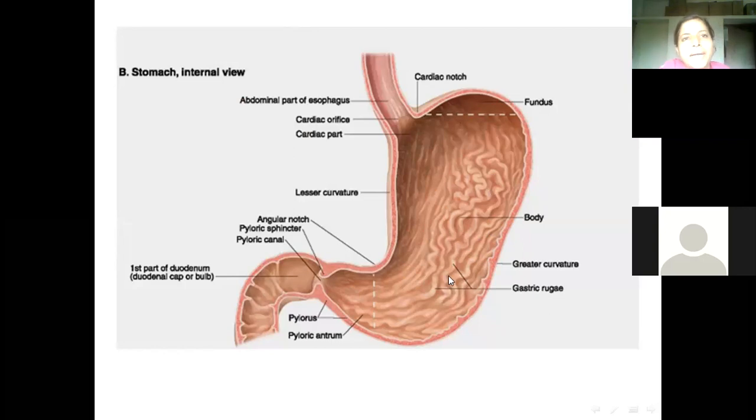When we studied peptic ulcer in physiology, I told you along the lesser curvature of the stomach there is a canal which directly connects the lesser curvature of the stomach to the first part of the duodenum. That canal is called the gastric canal, also called the gastric canal of Magenstrasse.